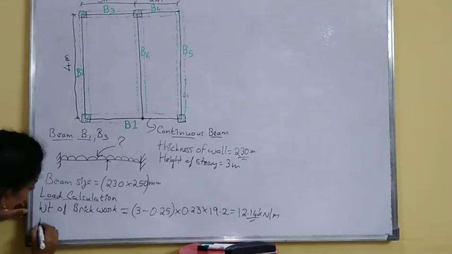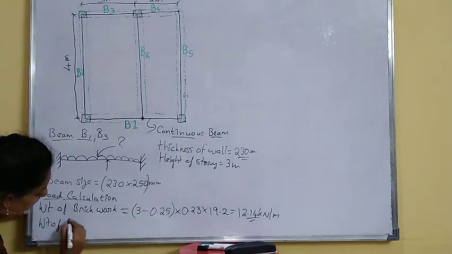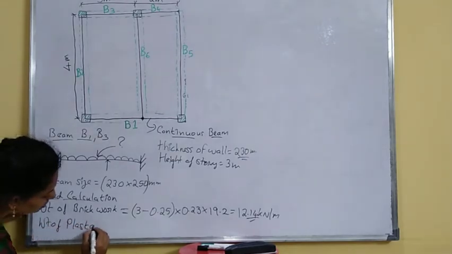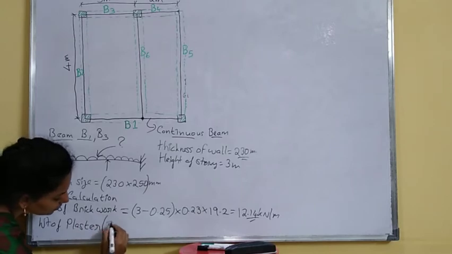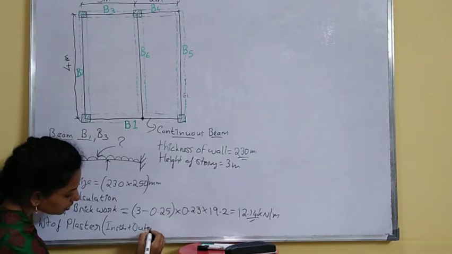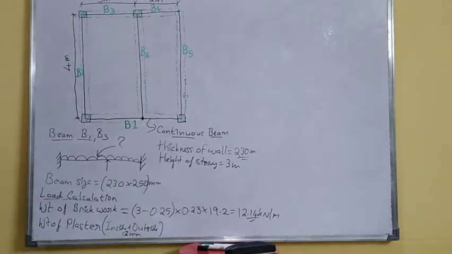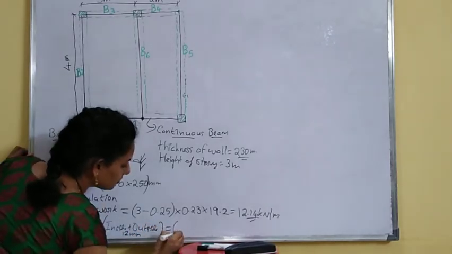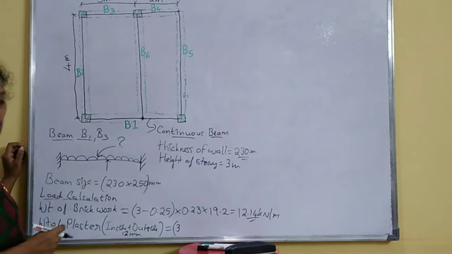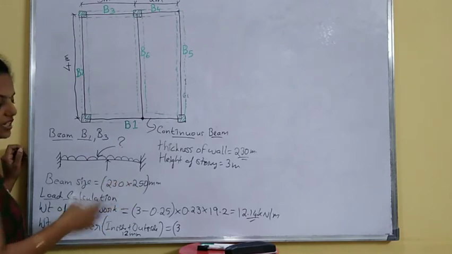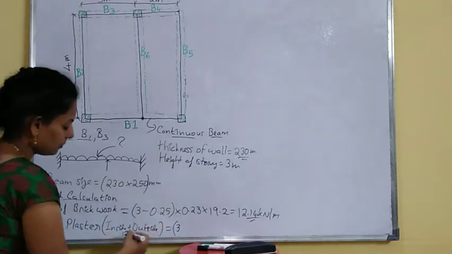Next, weight of plaster. Here we will assume inside plus outside 12 mm plaster. Same thing: height into thickness of the plaster into density of plaster.